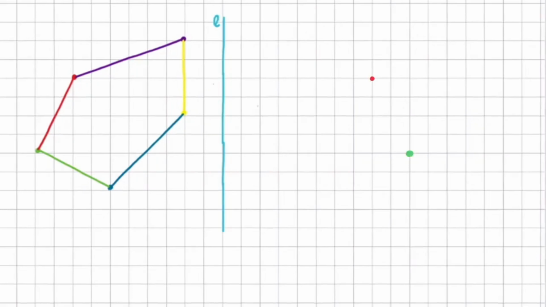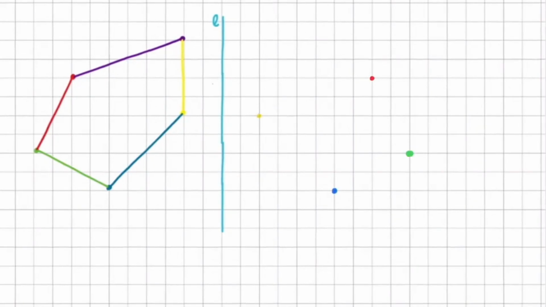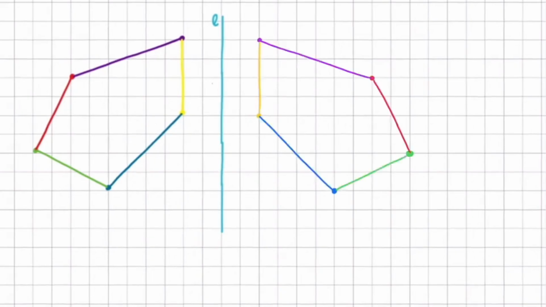And I'll use that same strategy for finding the locations of the points for the reflection of the original figure. Now that we have all the points for the reflection, we can fill in the lines and you can see the reflection. The reflection is on the right, the original figure is on the left.